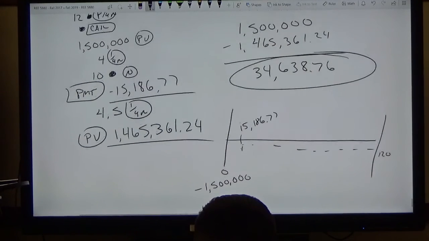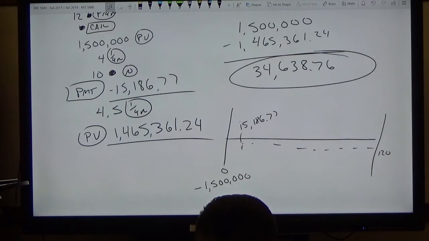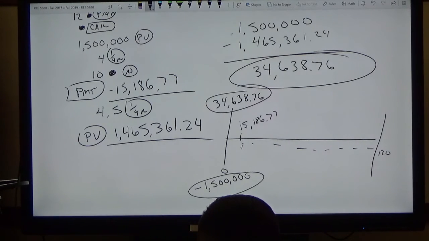But simultaneous to that disbursal and to the acknowledgement of what they're going to be getting, they are receiving from the borrower $34,638.76, meaning the net result of what they're really disbursing is $1,465,000.